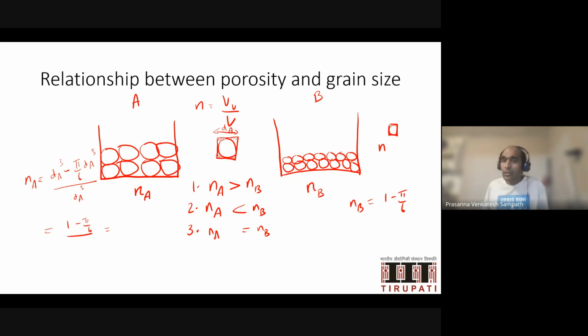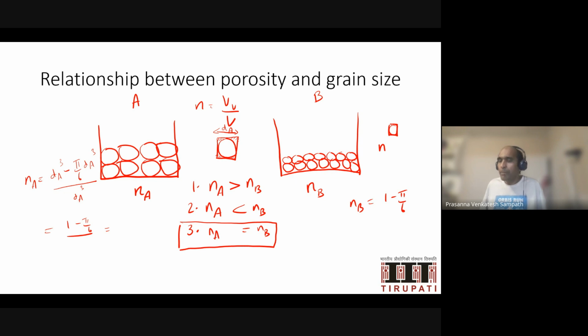So the porosity is actually independent of grain size if my particles are arranged in this beautiful manner. So the correct answer, if my particles are arranged, sorted like this, is NA is equal to NB.